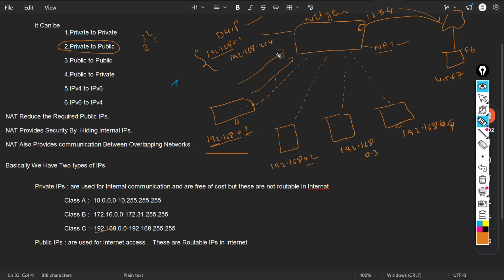If in home there are 4 to 5 members, and they want to use internet, we have to take 5 connections, right? This is the problem without NAT. But if we have NAT, we can take only one connection and we can share that internet to multiple users. So this is possible with NAT only, network address translation.